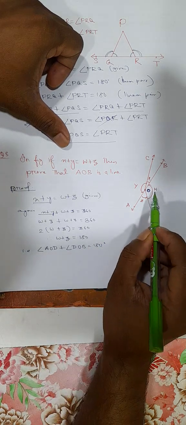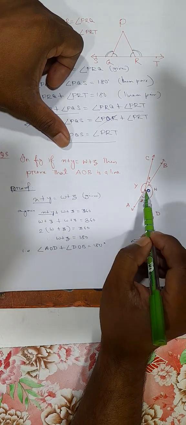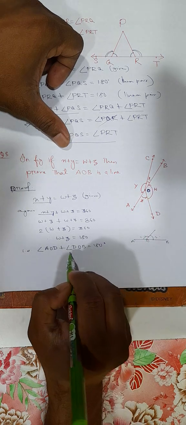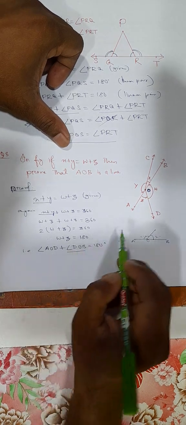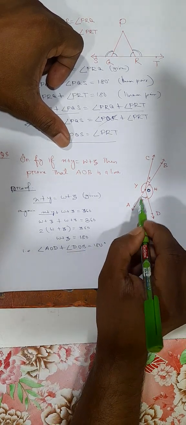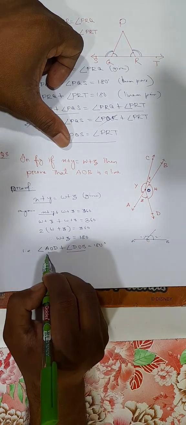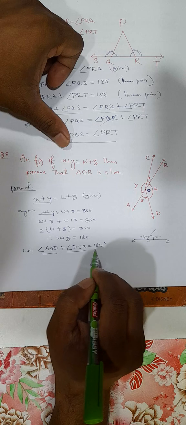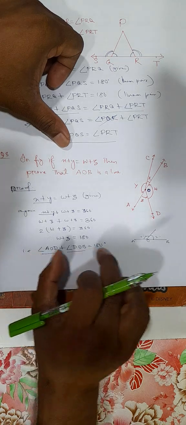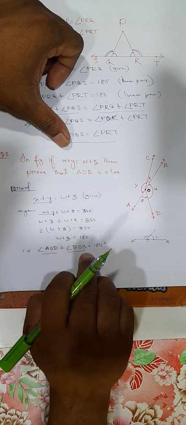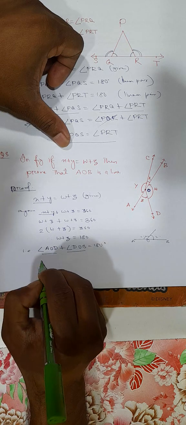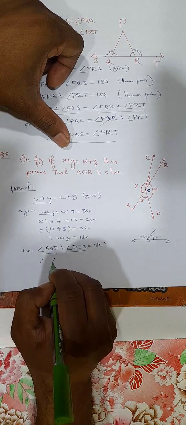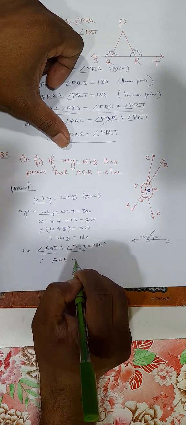W means angle DOB. This is w. And z means angle AOD. This is z. So w plus z equals 180 degrees means the sum of these two angles is 180 degrees. That means it's a linear pair. Therefore, AOB is a line.